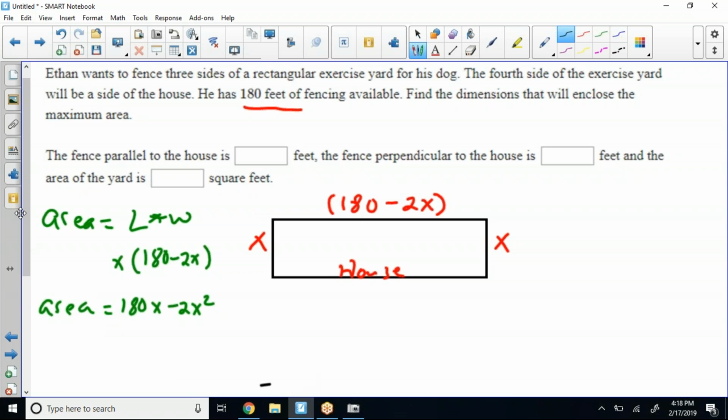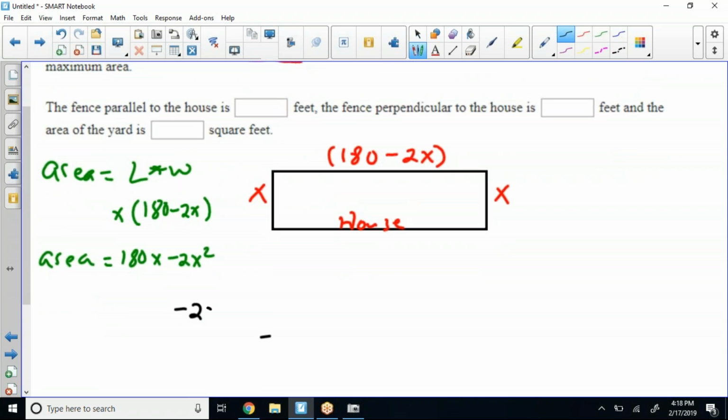All right, so what we want to do now is I want to go negative 2X squared plus 180X, right? And if we're going to look at what's going to give us our maximum area, then what we want to do is basically find our vertex.